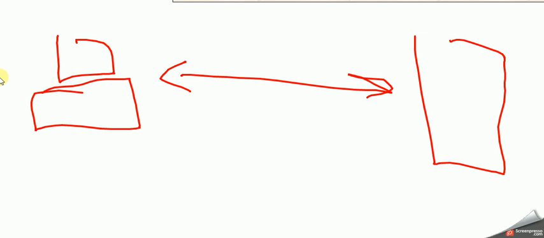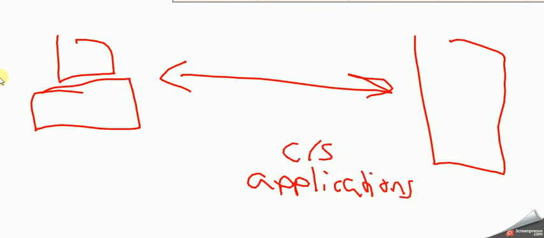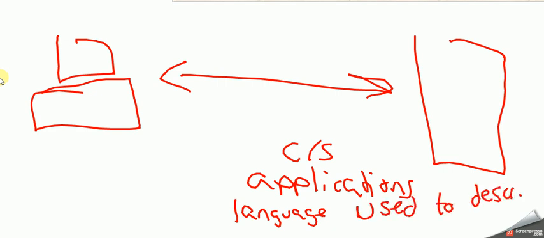The difference is how the client-server applications language used to describe the way they operate has changed.